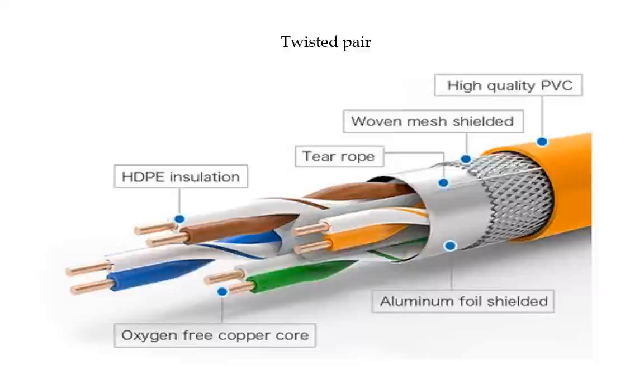These 8 wires are insulated by a tear rope. It is paper-like, and we can tear it off while laying and connecting the connectors. And this entire thing is enclosed inside a woven mesh shield, which is a protecting mesh, and over it we have a high quality PVC which protects the entire cable.